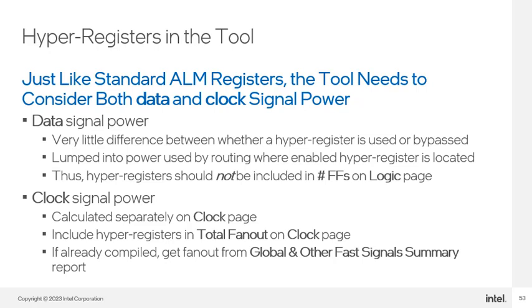The higher the fanout, the more resources are being clocked, thus increasing dynamic power usage. As such, you can include hyperregister use in the total fanout column on the clock page. You can set this option accurately by getting the actual fanout number from the global and other fast signal summary report as mentioned.